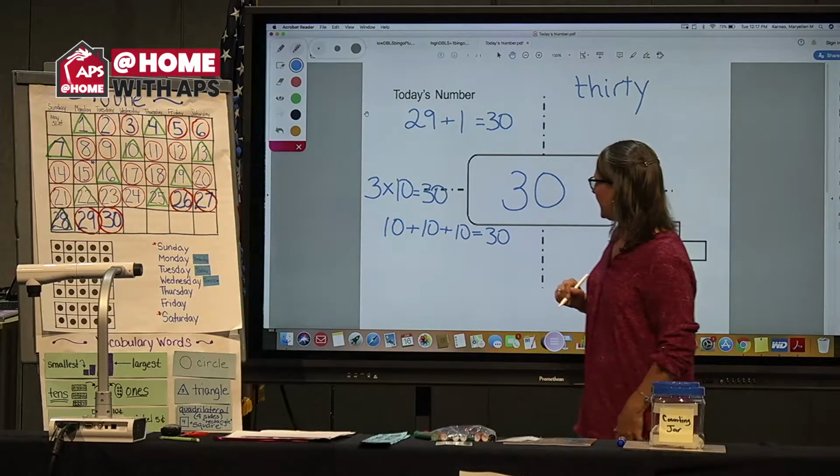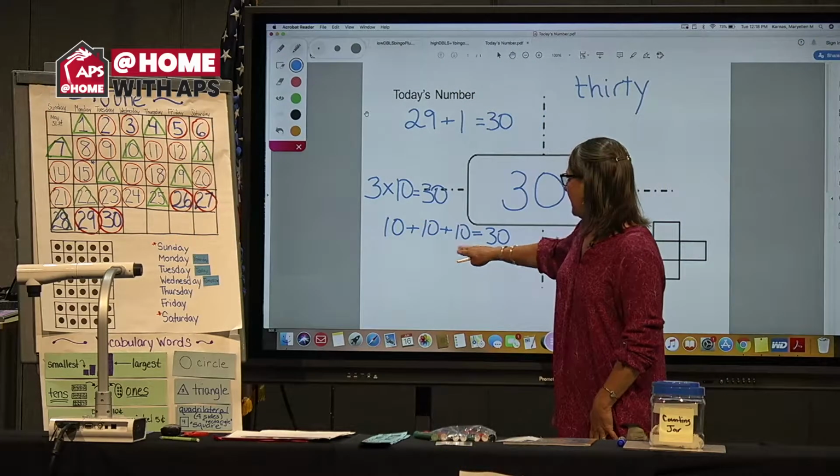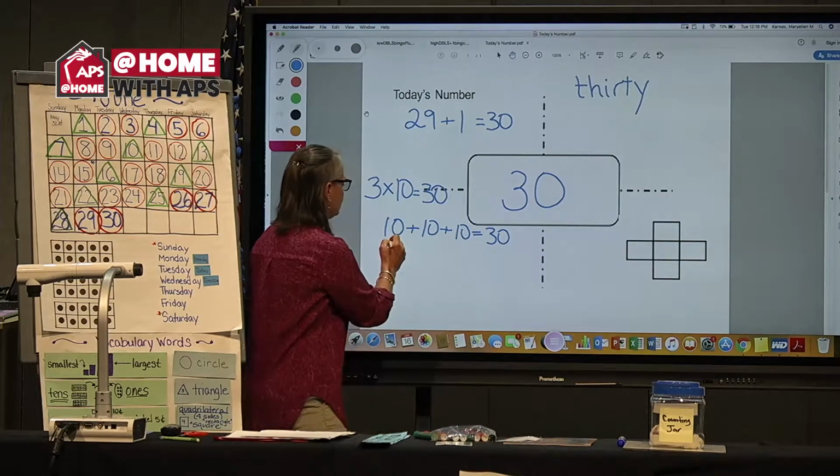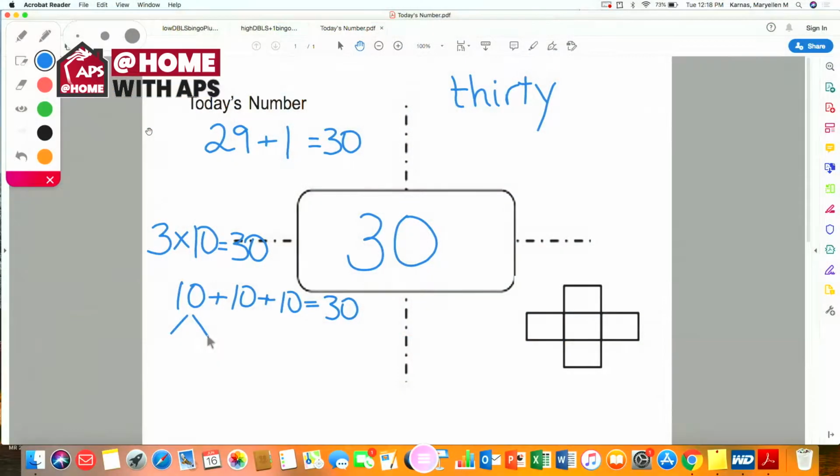What about with 5s? We could break our 10s into 5s, couldn't we? And we could show that right here with some drop down. So this 10 would be 5 plus 5. Oh, the pen is giving me trouble. Let's see, guys. There we go. So 5 plus 5.